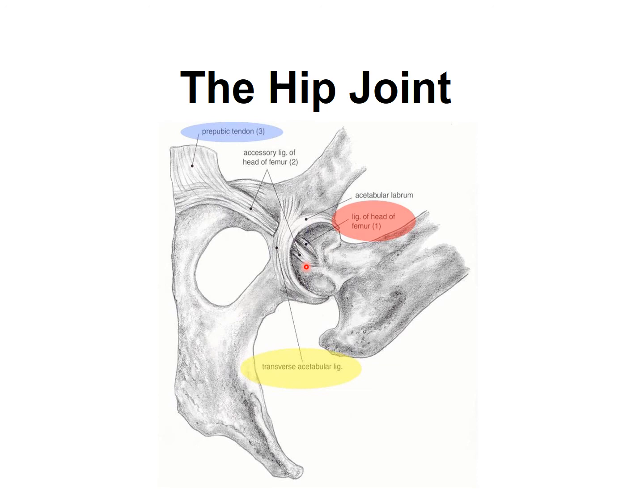The second structure is the ligament of the head of the femur, which originates from the fovea of the head of the femur and inserts on the floor of the acetabulum.